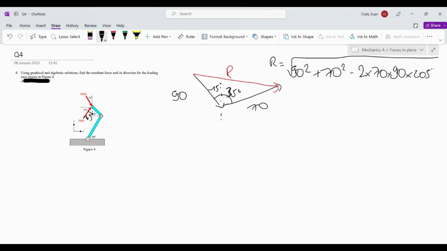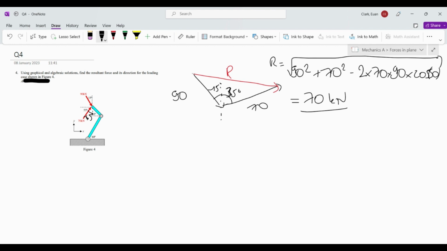I'll just squeeze that in here. There we go. And that is going to give us the answer of 70 kilonewtons. Fantastic.